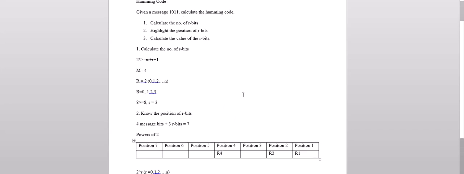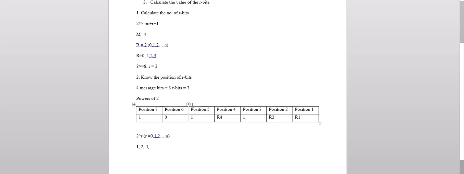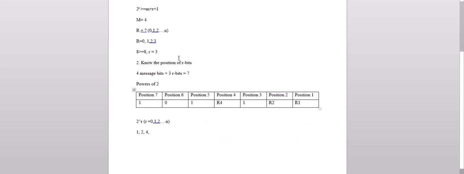Then we remember that our message was 1011, so we fill it in in the order in which it appears. Position number 7 will have this 1, position number 6 will have this 0, position number 5 will have this 1, and position number 3 will have the other 1. So you can see this is my message, placed in the order in which the digits appear. So step number 2 is done.